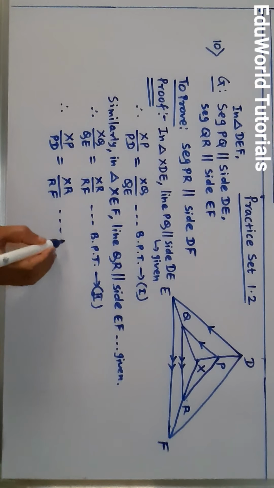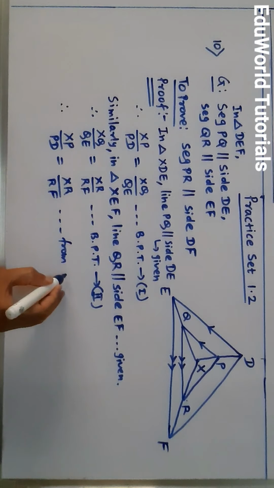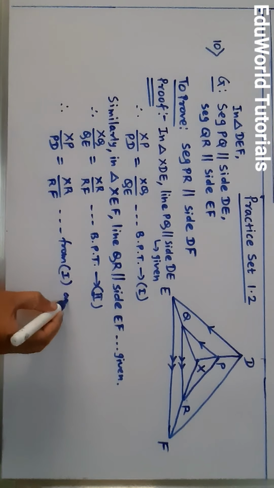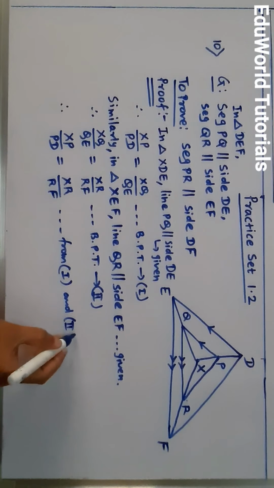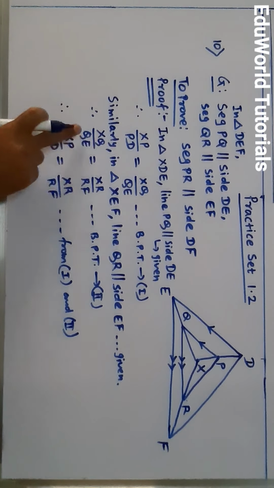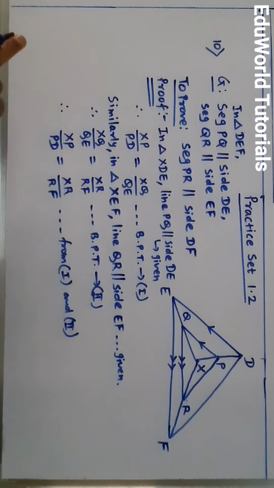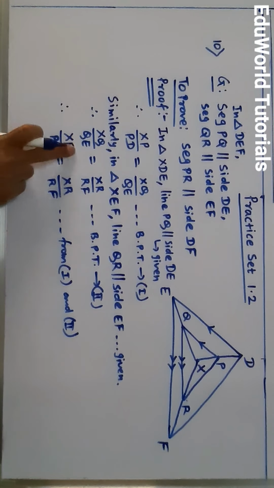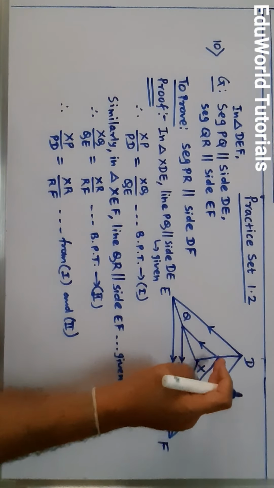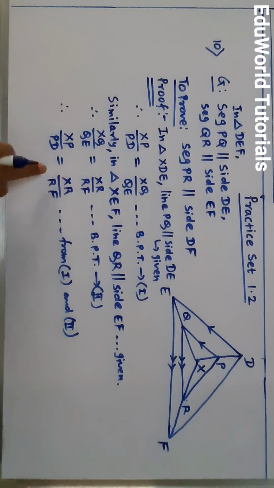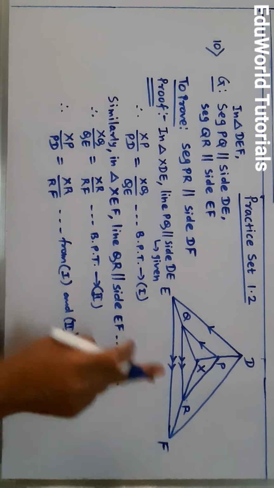And this we get from results 1 and 2, because this ratio is the same in both the results. Now check out XP to PD is equal to XR to RF.